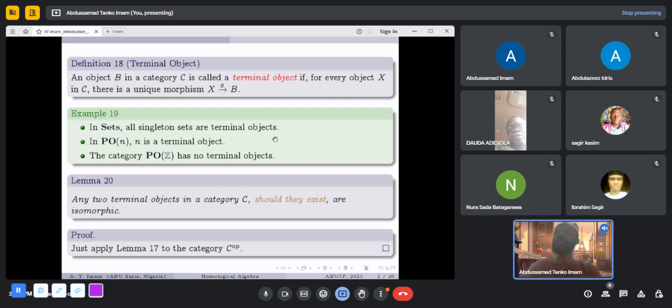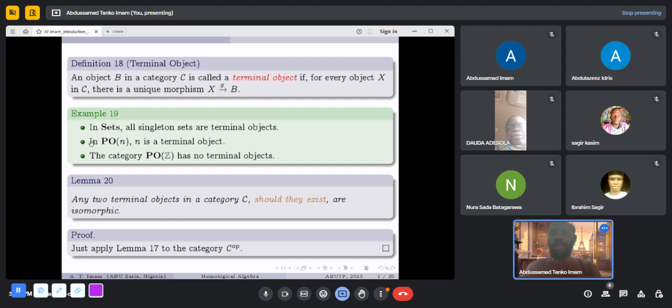In fact, all singleton sets are terminal objects because there is always one and only one mapping from any set into a singleton, namely the constant mapping, sending every element of the set to the one point contained in the singleton. So in the category of sets, the terminal objects are the singleton sets.